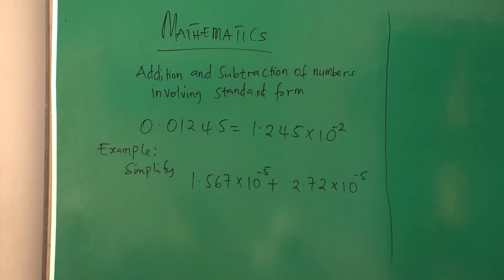An example is simplify 1.567 times 10 exponent negative 5 plus 2.72 times 10 exponent negative 5, leaving your answer in standard form.